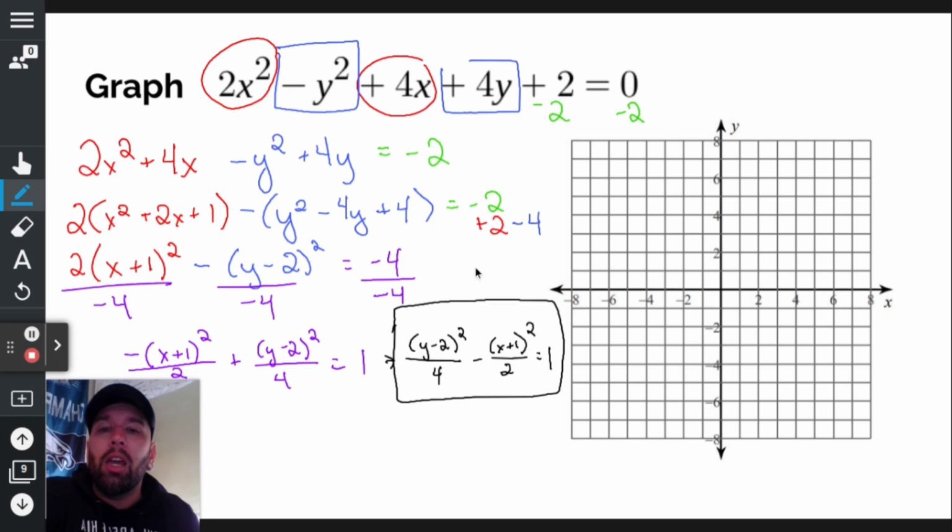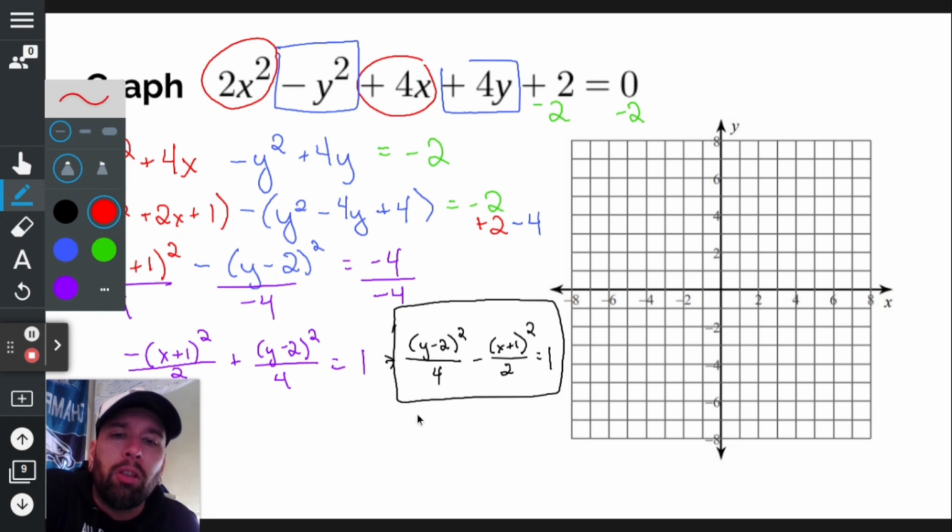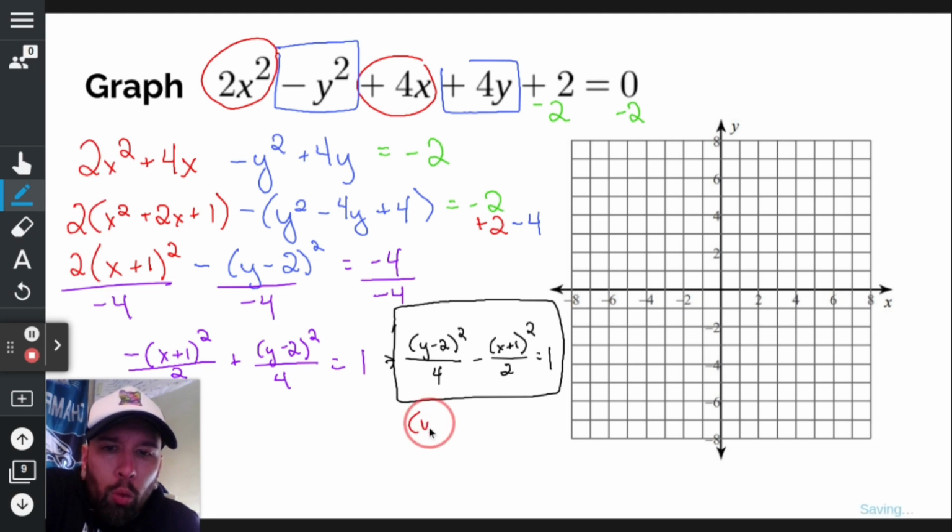Let's graph this. If we have the y first, which we do, we are going to make sure that we set it up like this. Why don't I compare this to the equation for hyperbolas? So this is going to be compared to y minus k squared over a squared.